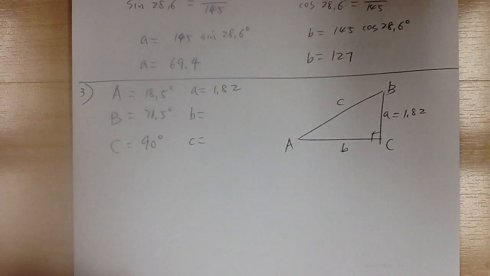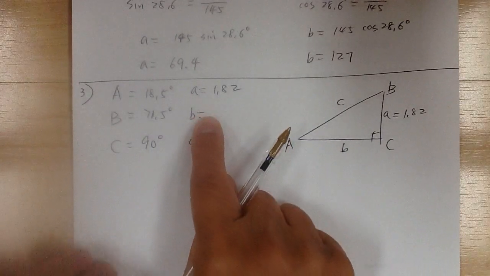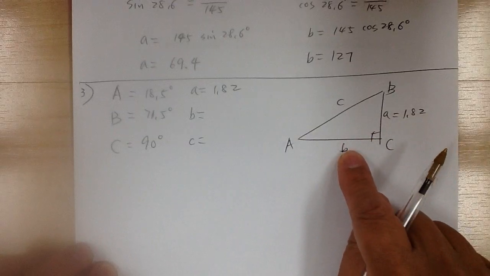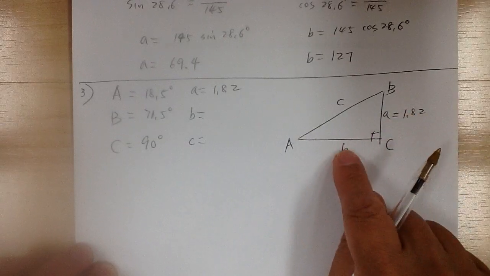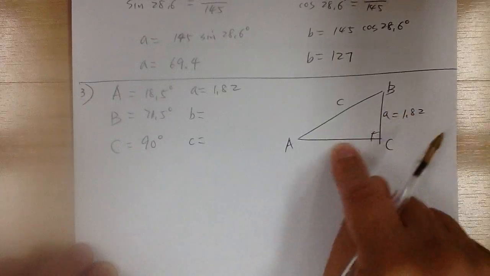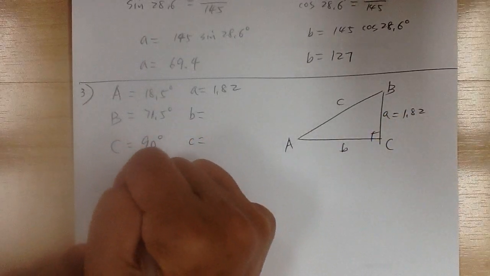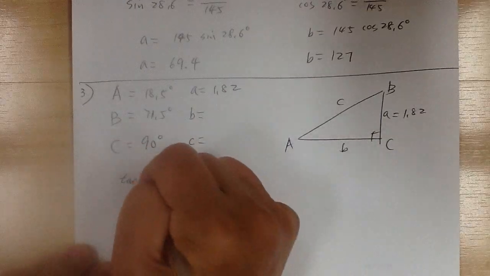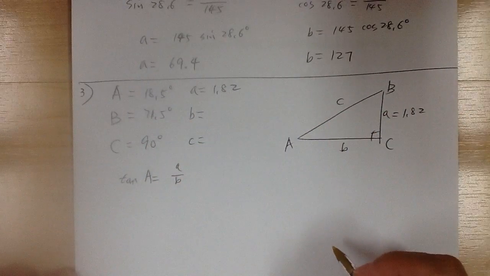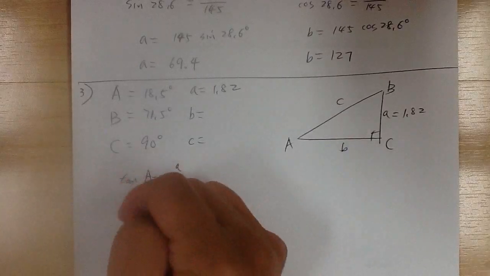Okay. So to find b, look at what you need to get and look at what's given. So looking for b, and this is given. So these two would be tangent, right? Okay, so write down tangent A equal to a over b. Okay, and then after that you substitute.